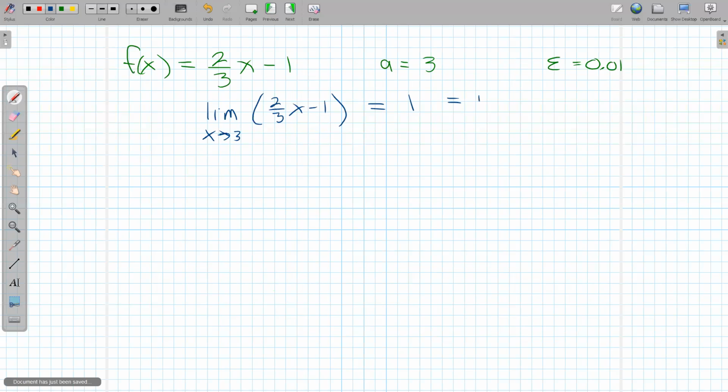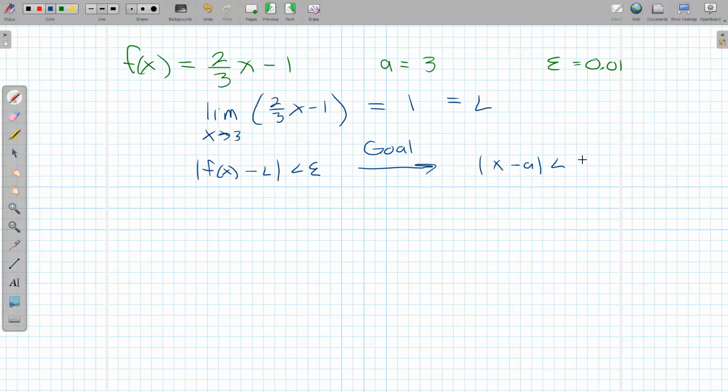So that's my L. And then again, the way we start is write down absolute value of f of x minus L is less than epsilon. And what we want to do is do some magic algebra to change that into absolute value of x minus a is less than delta.